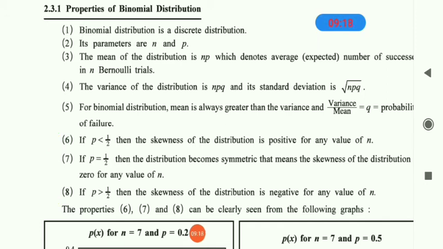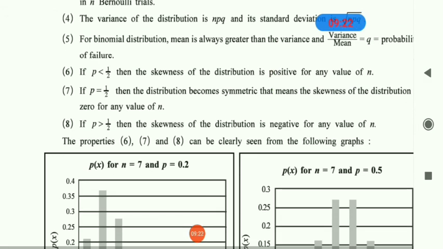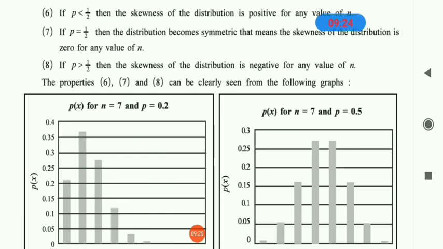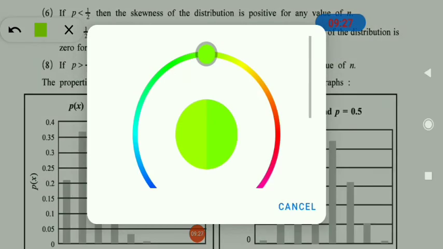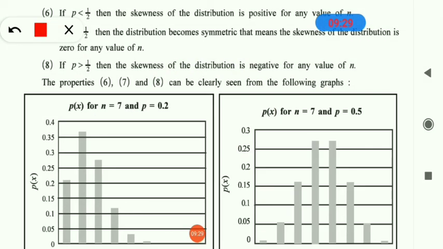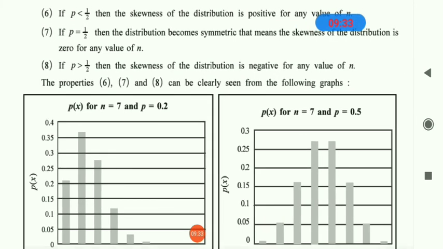So here the graph is given. Sixth, if p is less than 1 by 2, then the skewness of the distribution is positive.